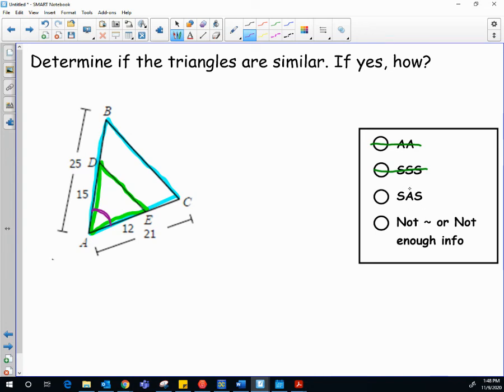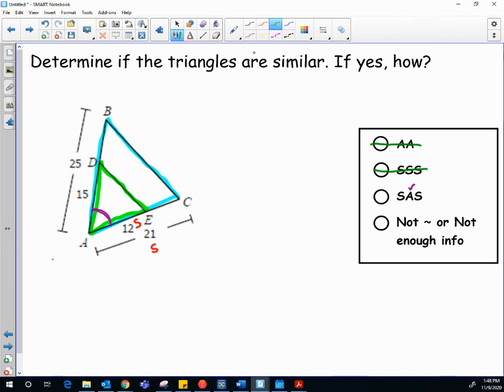In this case, we know they both share that purple angle that I just marked. So the angle is going to be congruent because it's reflexive. The reflexive angle is congruent. We now have to check the sides to see if they are actually proportional. So again, if I do the green triangle, the small side is the 12. If I do the big blue triangle, 21 would be the small.